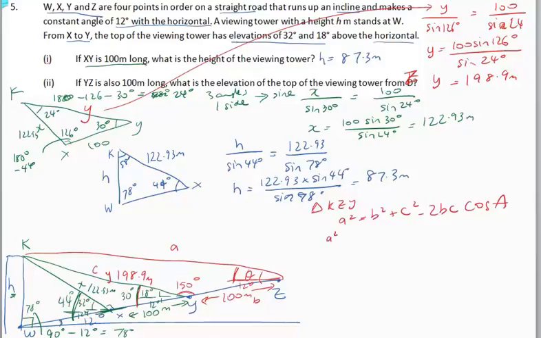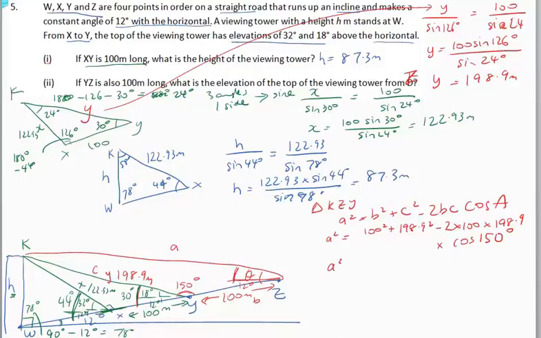So a squared is equal to 100 squared plus 198.9 squared minus 2 times 100 times 198.9 times cosine of 150 degrees.